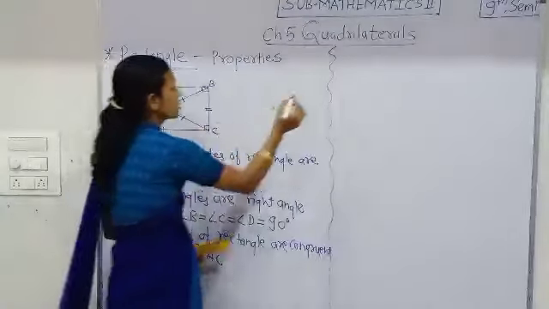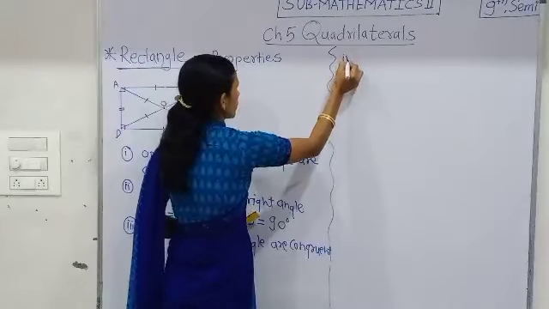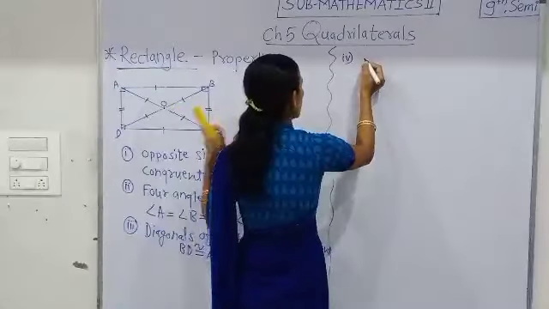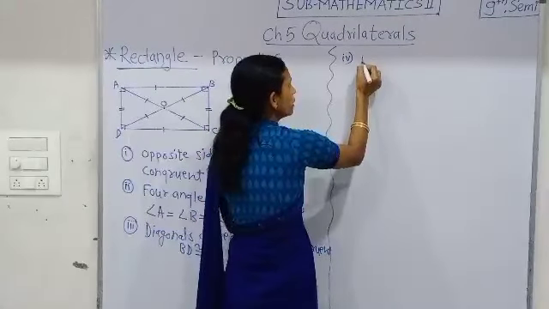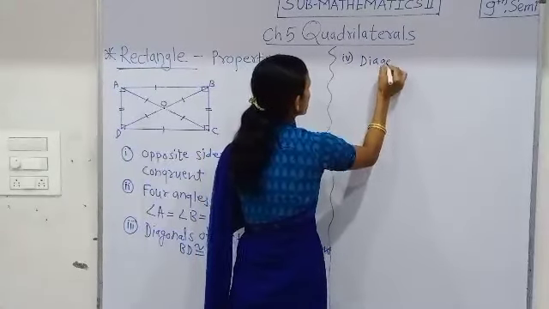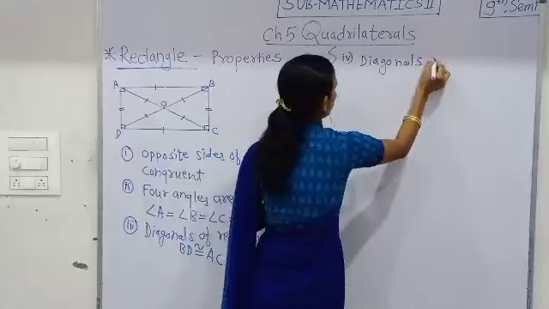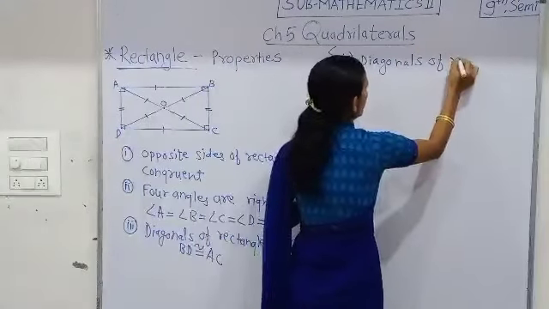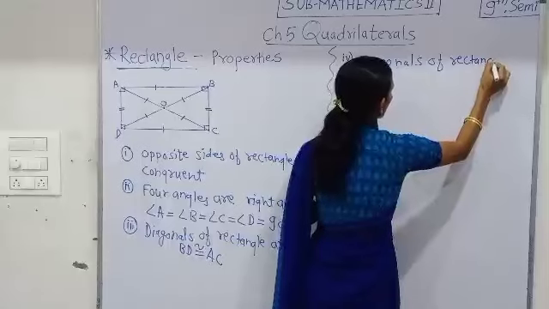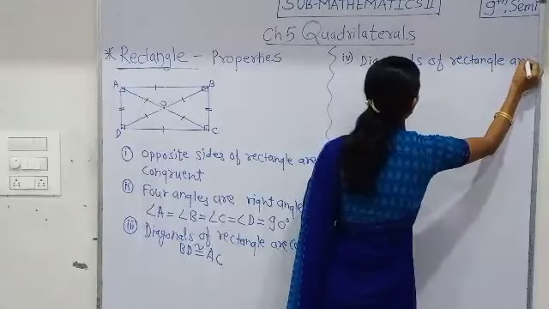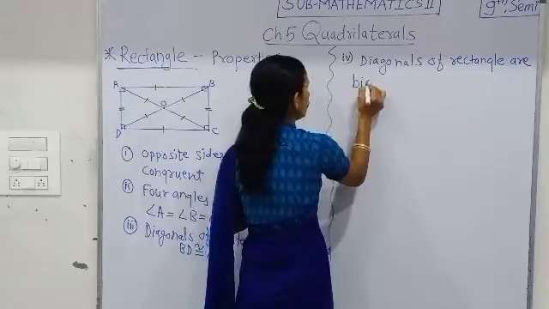That means one more property related to the diagonals of a rectangle is that diagonals of a rectangle are bisectors of each other.